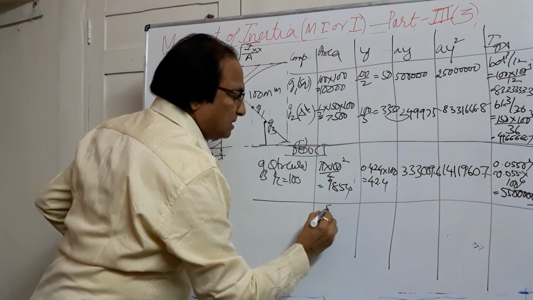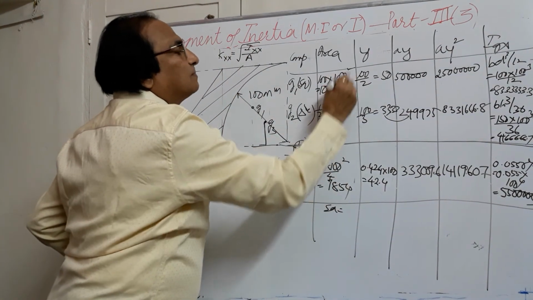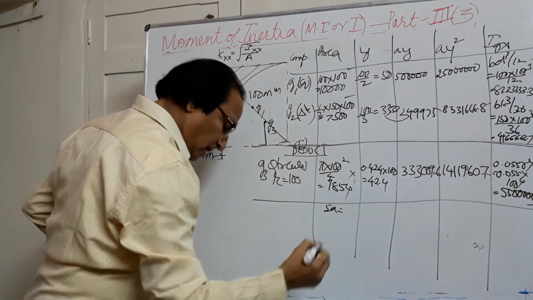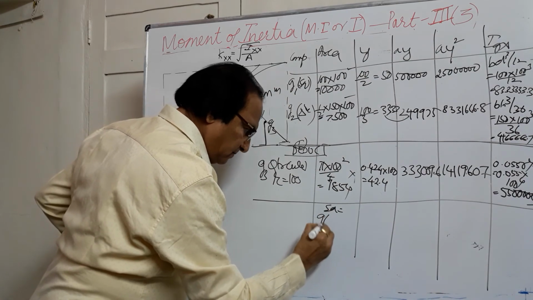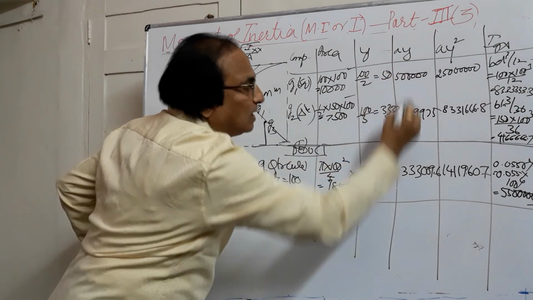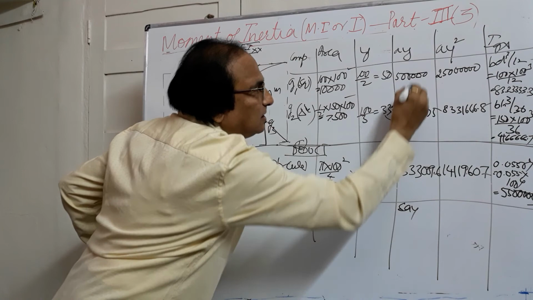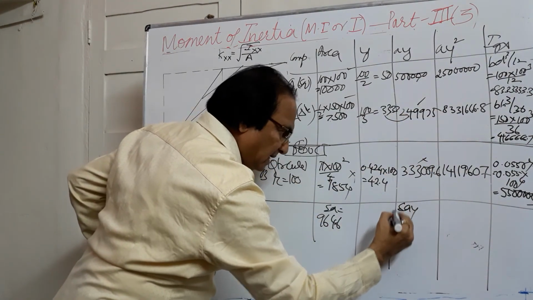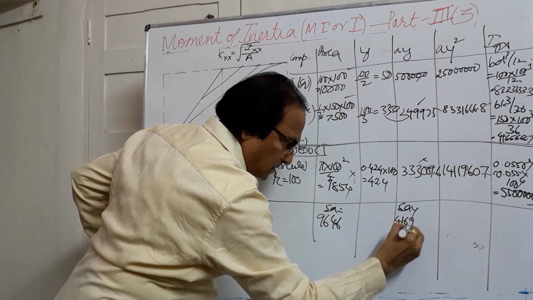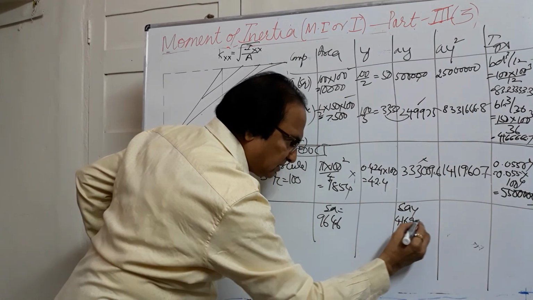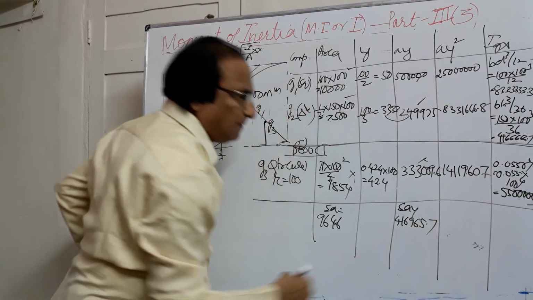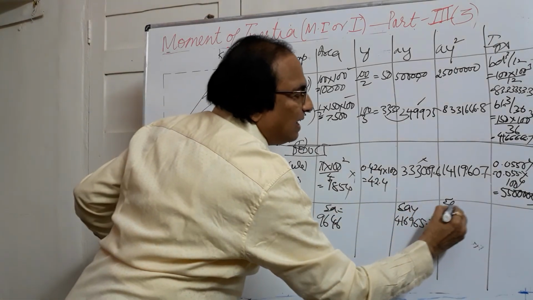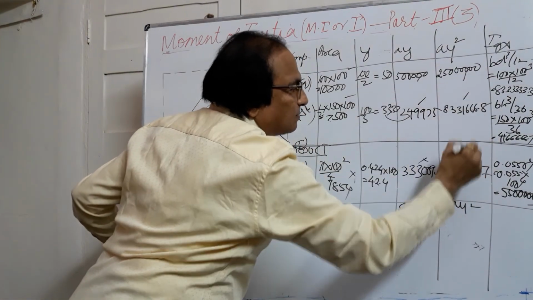You will get sigma A as this plus this minus this. You get the value of 9646. Then you get sigma AY, this plus this minus this. If you do that, you get 416965.7. Similarly, you get AY square, this plus this minus this.